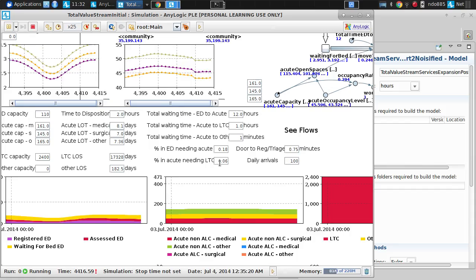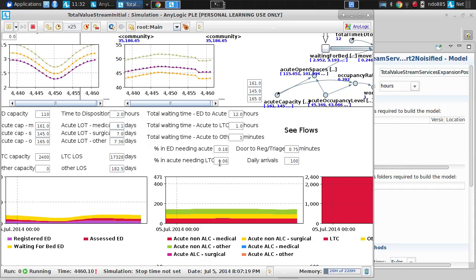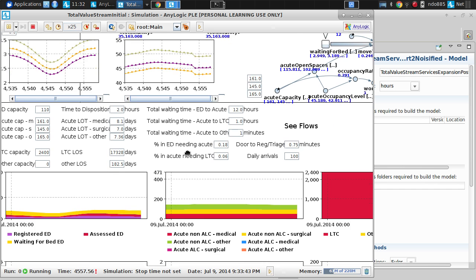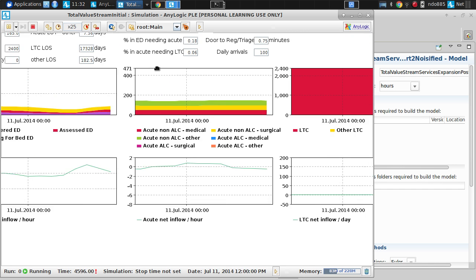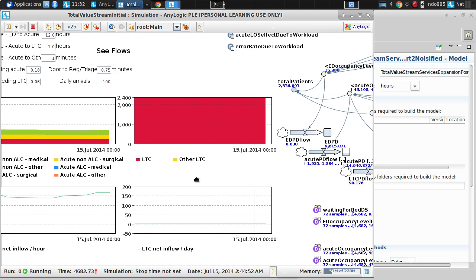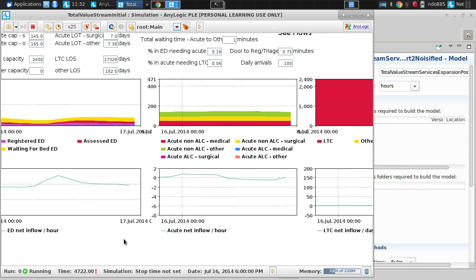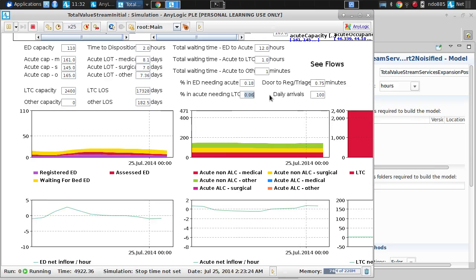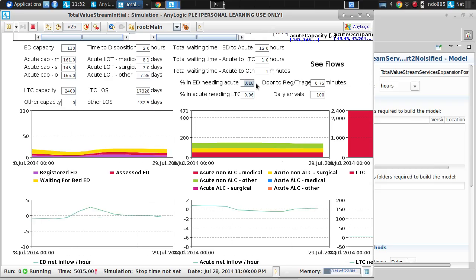And we can ask what-if questions by running this model over time. And we could get reports on outcomes. Here's long-term care net inflow per day, ED net inflow per day, et cetera, by changing things. And you notice you could change assumptions about types of patients. For example, what fraction in acute care need long-term care, or the fraction in ED that need acute care.